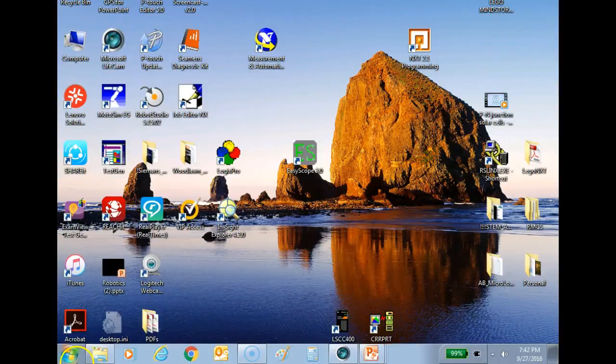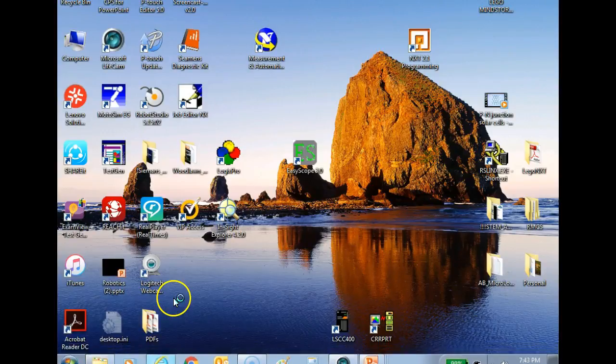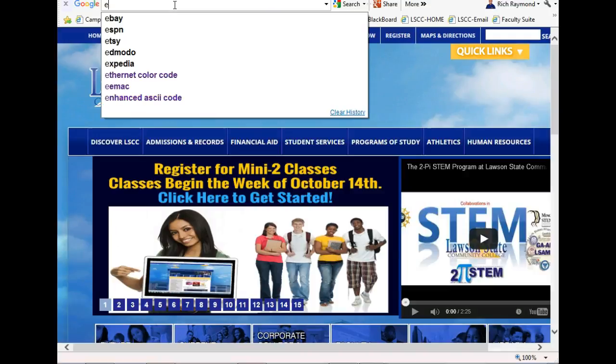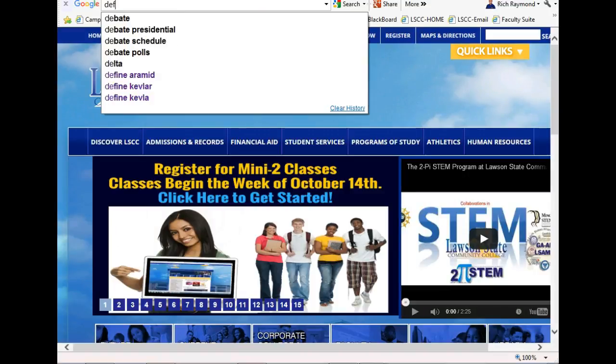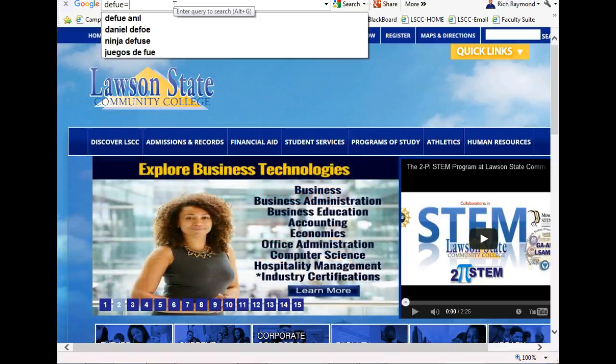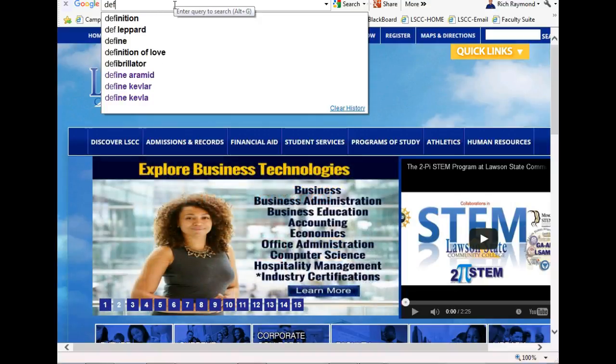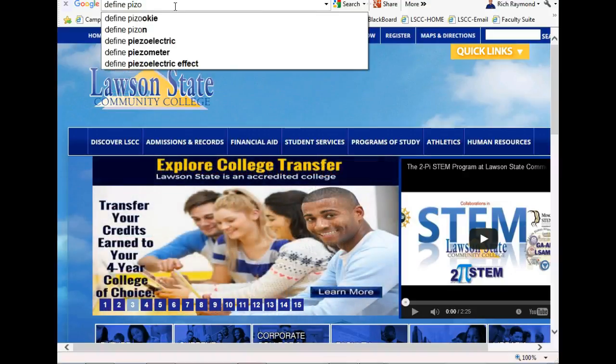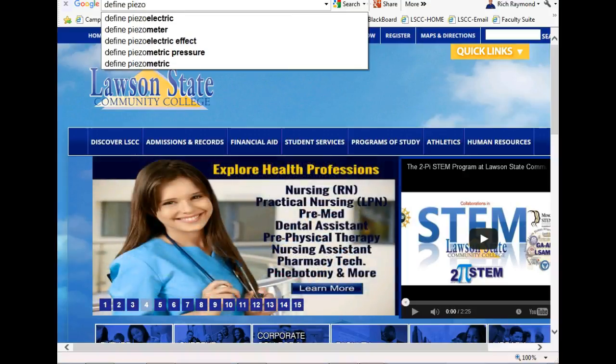So we have piezo-resistive, we have piezoelectric. Let's see what Wikipedia says. Oh, it's P-I-E, I'm sorry.